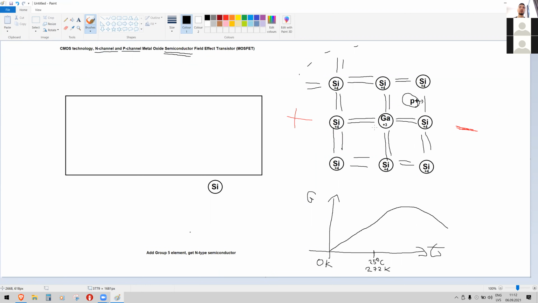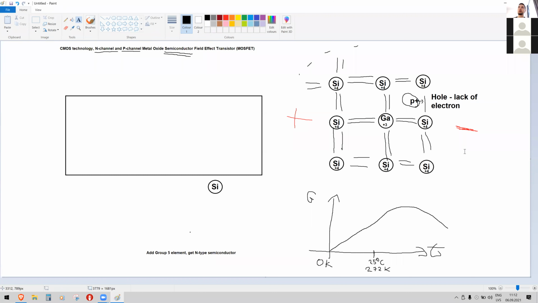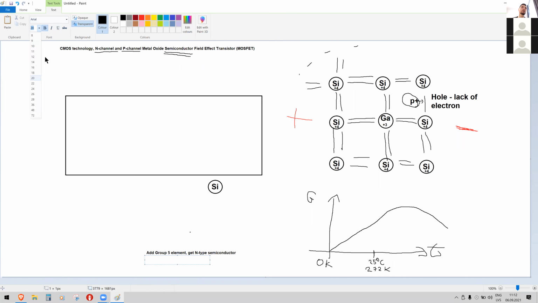But generally, this is how this other material works. So these are holes. I'll just write it down in the text. Hole, lack of electron. Okay, like this. So I'll write also down here in text that if you add group 3 element, you get P-type semiconductor.